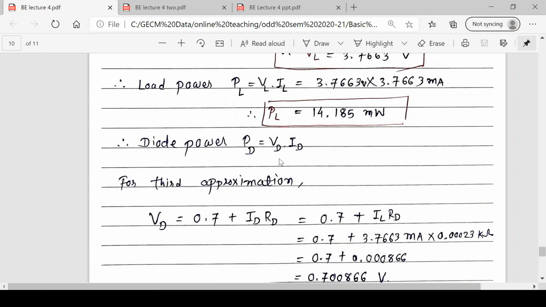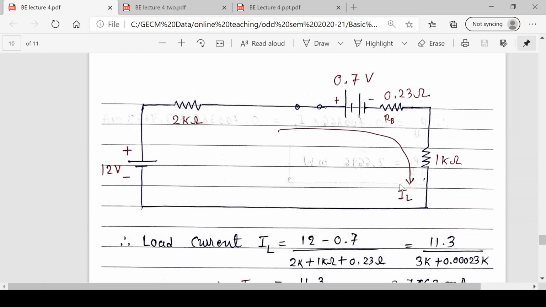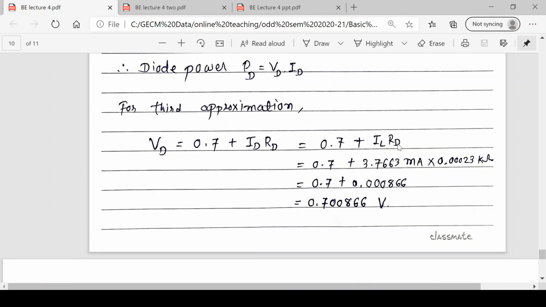Diode power PD is equal to VD into ID. If you remember, in third approximation, due to presence of bulk resistance, diode voltage is not only 0.7, plus there is a drop ID RD. So let's put the values: 0.7 as it is, plus what is diode current? Load current, because all of them are in series. Whatever is load current, same is diode current. RD means bulk resistance.